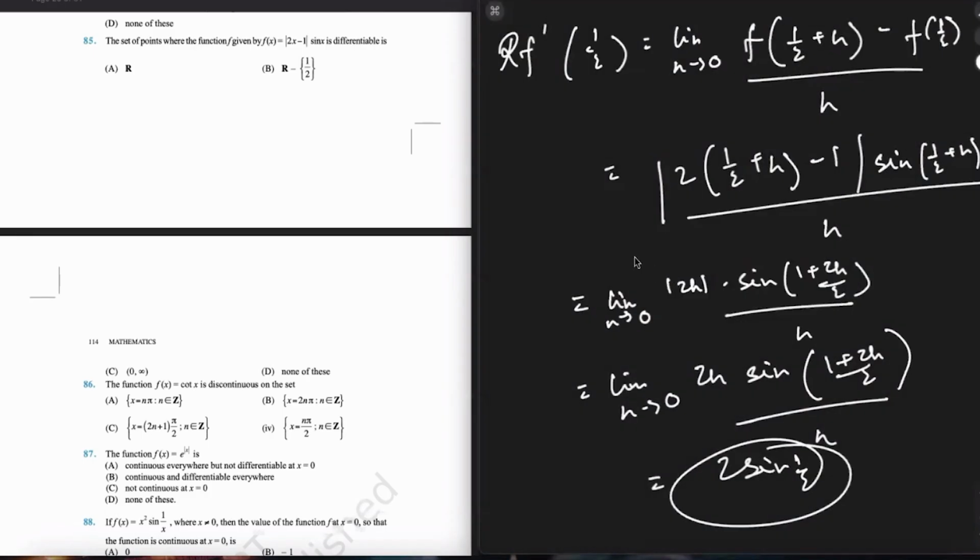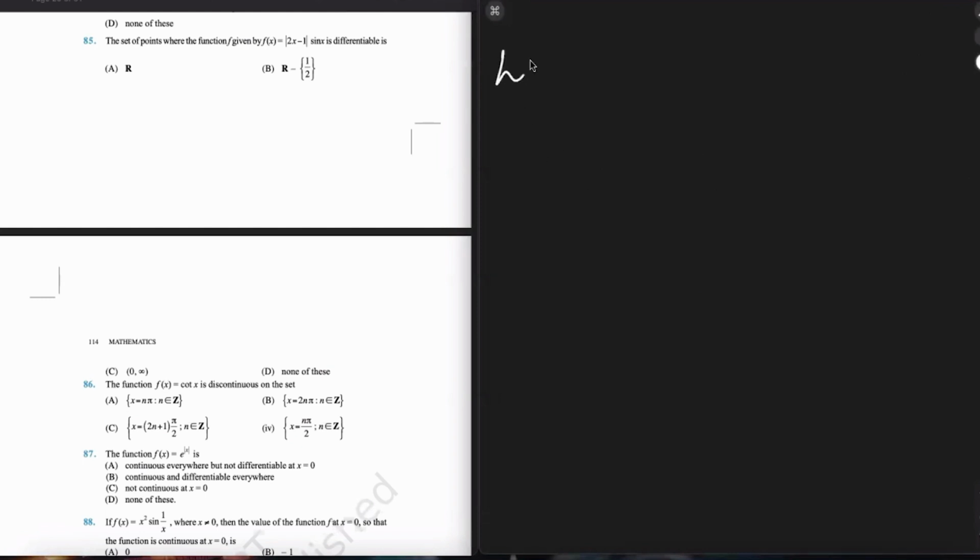Okay. Now approaching from the left hand side for the same.